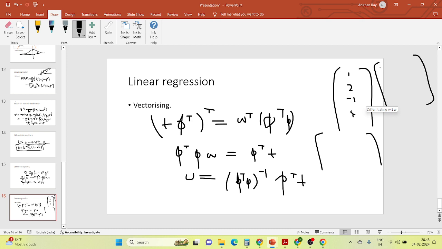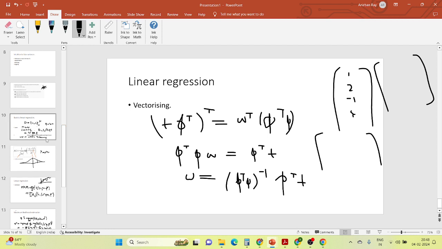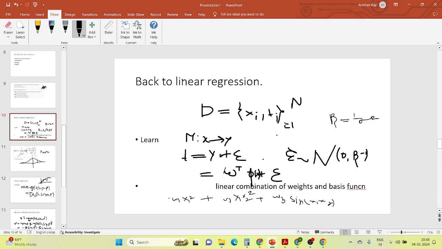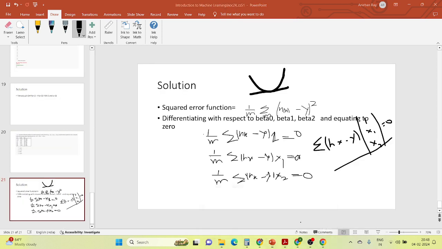How to explain, let's simplify the phi for once. Let's not use this one, very complicated, very hard to write. Let's use this one: phi is 1, x1 and then x2.